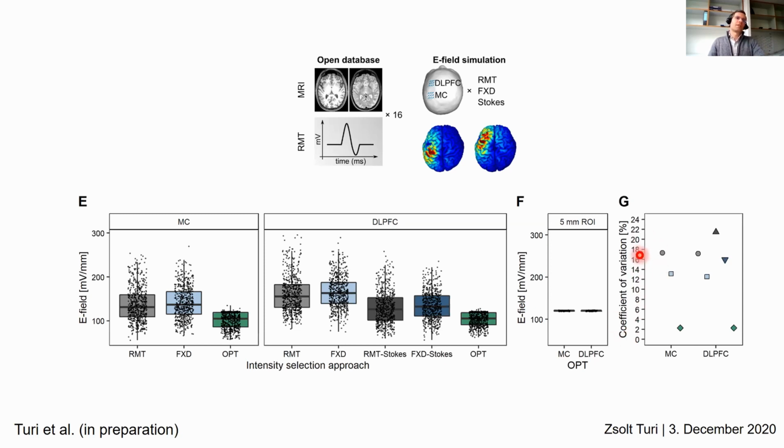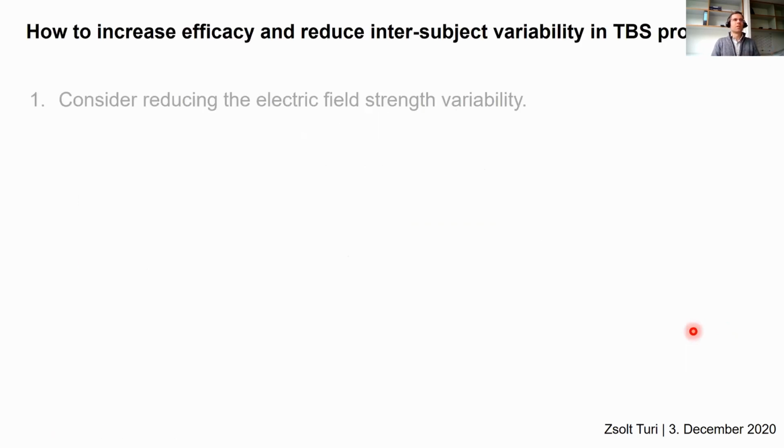I also calculated the coefficient of variations and transformed them into percentages. And this just reinforces what I described, that in order to get the variability low, you need to do some sort of E-field modeling. So my first suggestion was that you might consider reducing the electric field strength variability by using computational modeling.